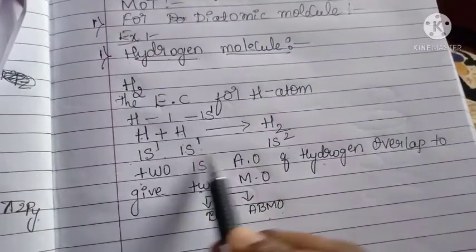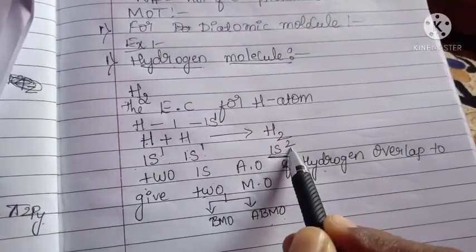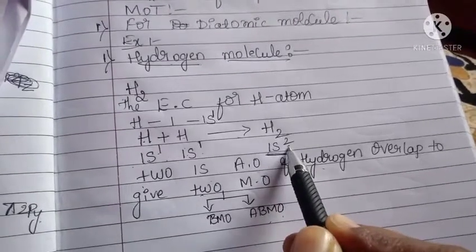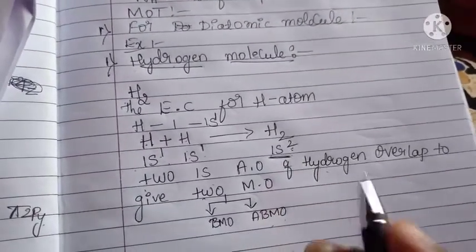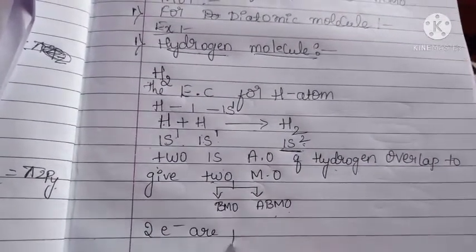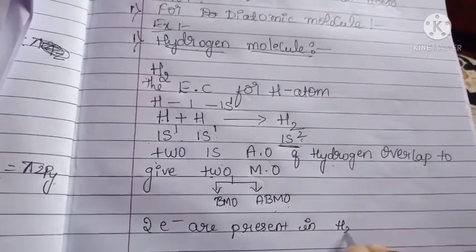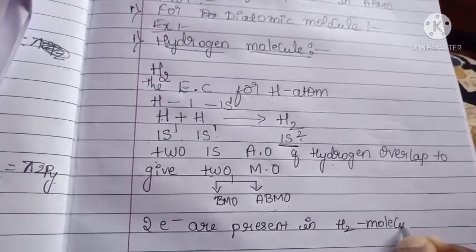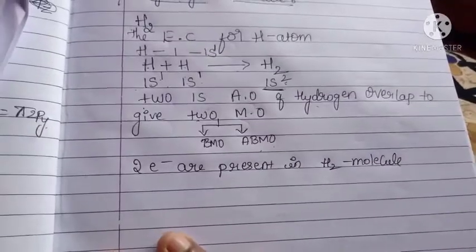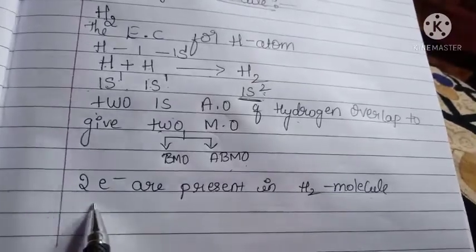According to this electronic configuration, you have to find how many electrons are present. 2 electrons are present in the hydrogen molecule, H2. Since 2 electrons are present, we use the electronic configuration for up to 14 electrons.